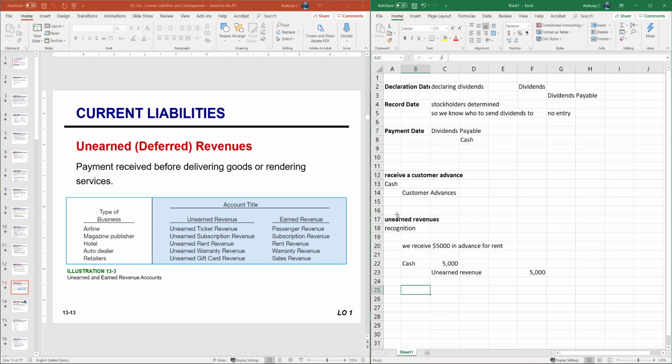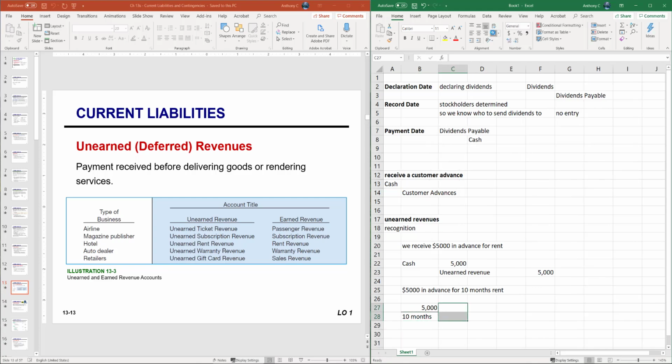Now, over time, as we start to perform the service or provide the product, we can start to recognize revenue. So let's say in the past example, we pay $5,000 in advance for 10 months of rent. Each month of rent then costs $5,000 divided by 10 months, which gets us to $500 a month.